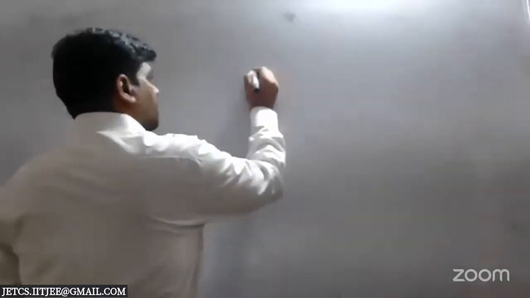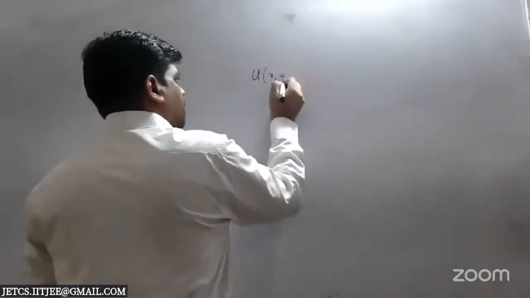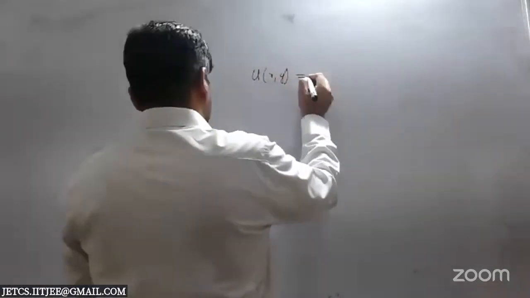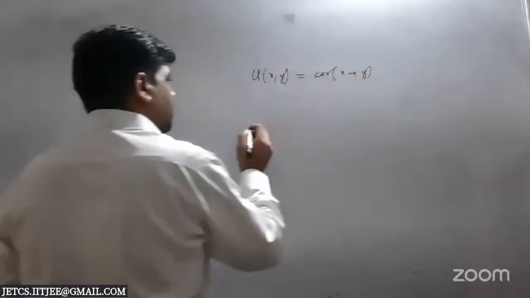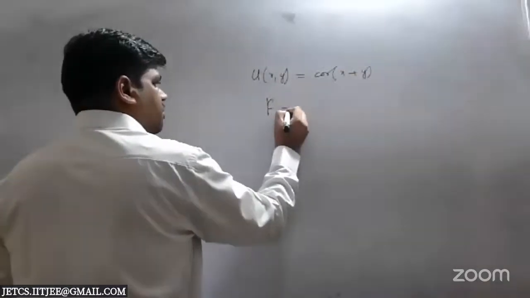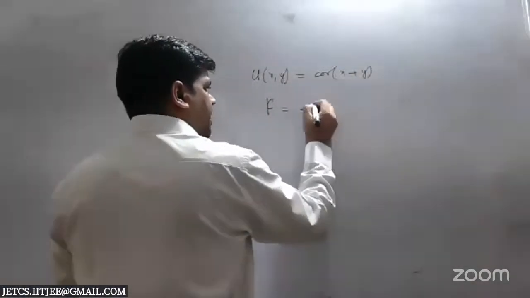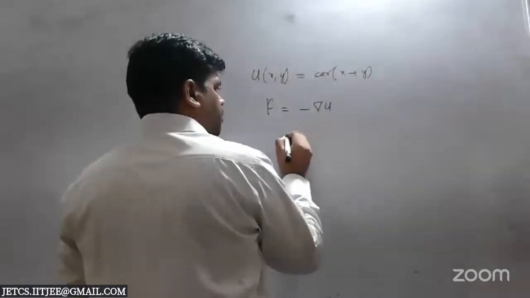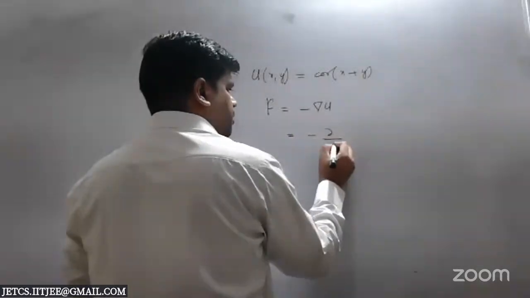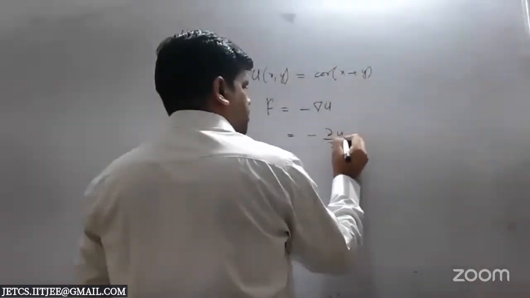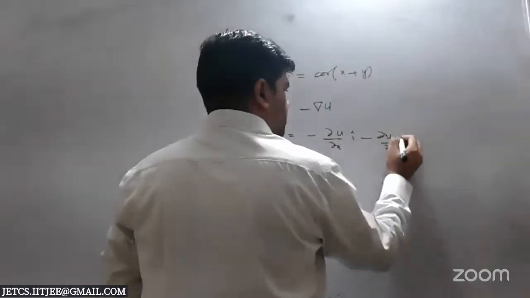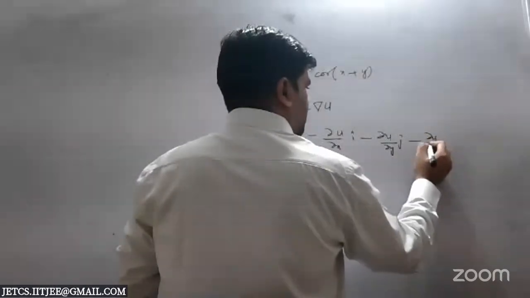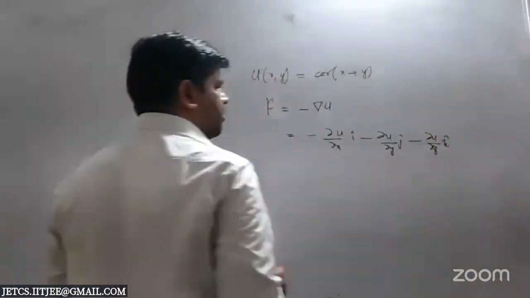So U of x, y is cos x plus cos y. I know that F is equal to minus del U, which is equal to minus dU/dx i cap minus dU/dy j cap minus dU/dz k cap.